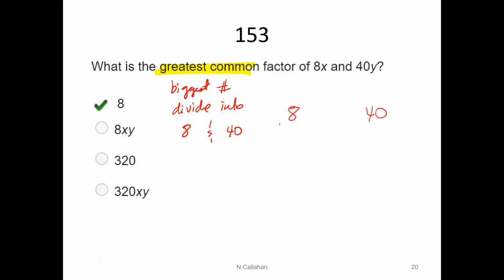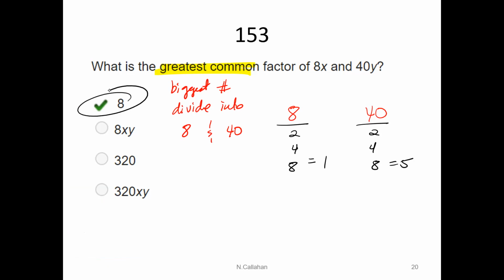Now I know you're like, okay, well, I can divide by 2. That's true, but that's not the biggest number. You can also divide it by 4. That's true, but it's not the biggest number. The biggest number in this situation is 8. 8 divided by 8 is 1. 40 divided by 8 is 5. So your answer is 8.